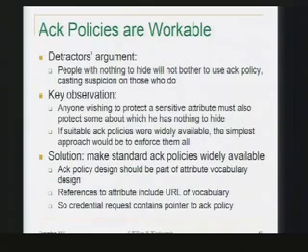So in this context, if suitable acknowledgement policies were widely available for all attributes, the simplest approach would simply be to enforce them all. Okay? So our solution is, let's make them widely available and achieve that by making ACK policy design part of attribute vocabulary design.